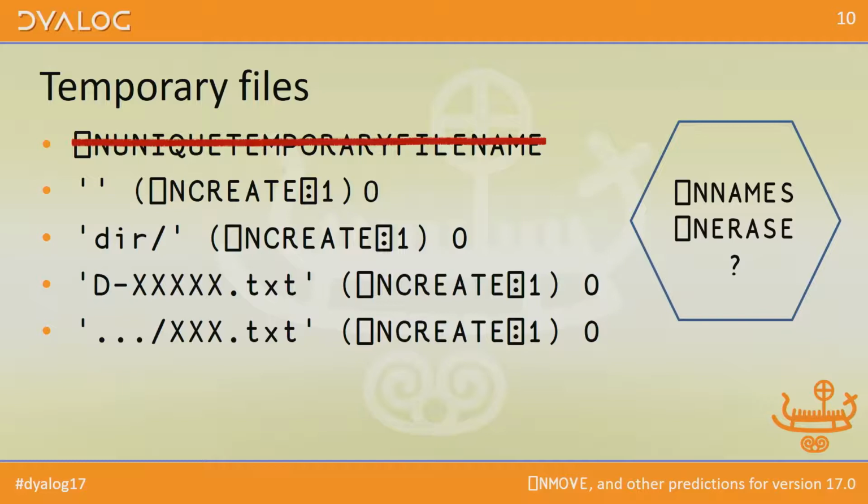My feeling is it should be the name you told it, and the reason for that is that ⎕NERASE is given the name that you created or tied, and that means I think ⎕NNAMES should also return that name. But if you want the actual name, ⎕NINFO can give you that information, and so ⎕NINFO will give you the real name. Again, this is undecided at the moment.